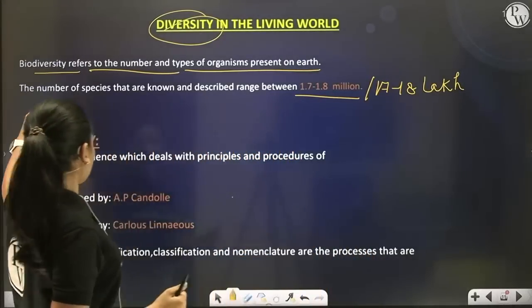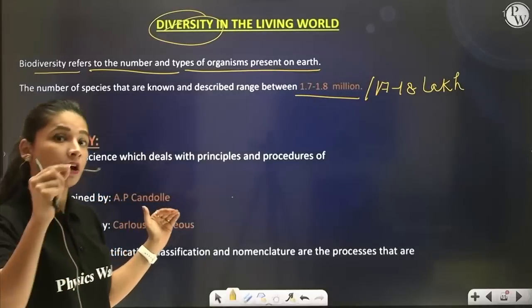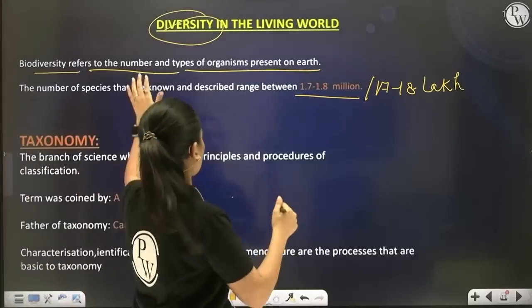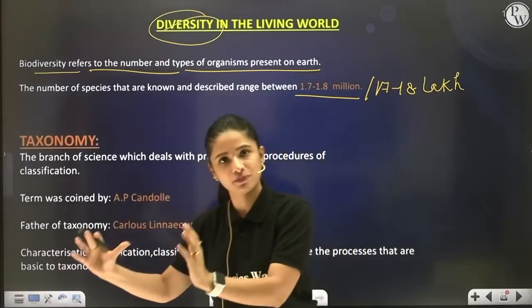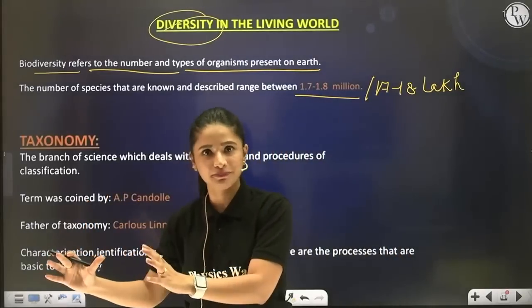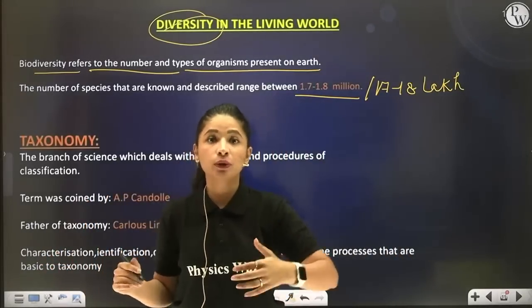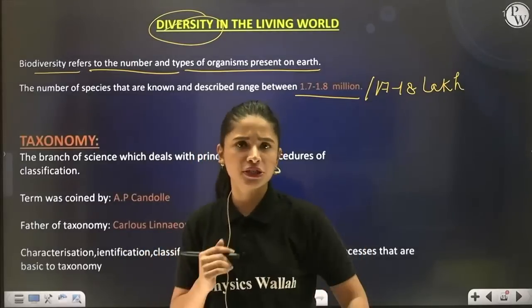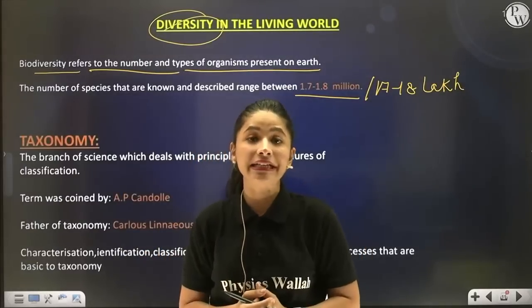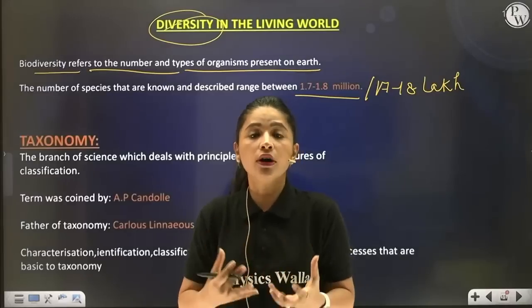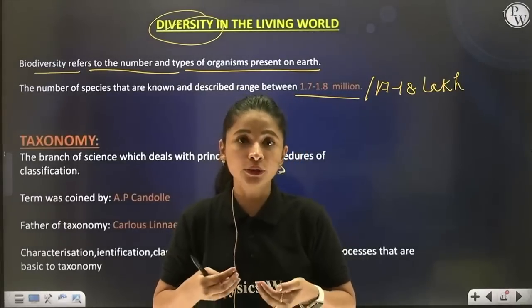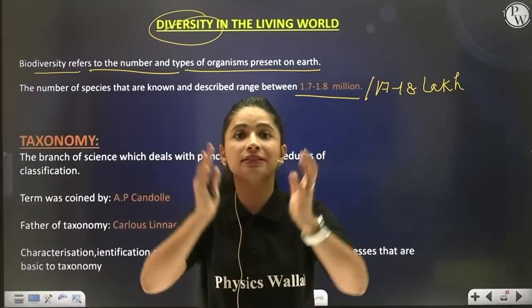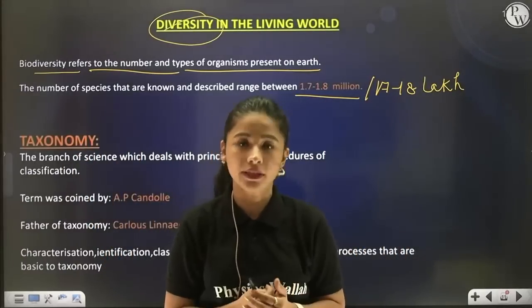Now, coming to the next half of the chapter, you have learned what is biodiversity. You know how many species are known to the people. Now I'm going to tell you that if any new organism is studied by the scientist, then what are the steps performed by that person in order to give that new organism a world level recognition.